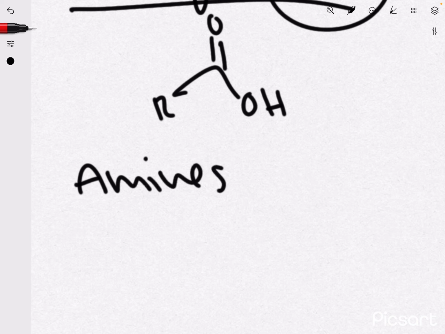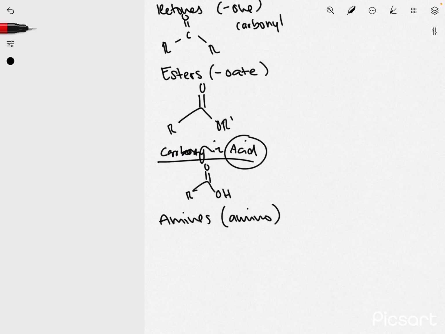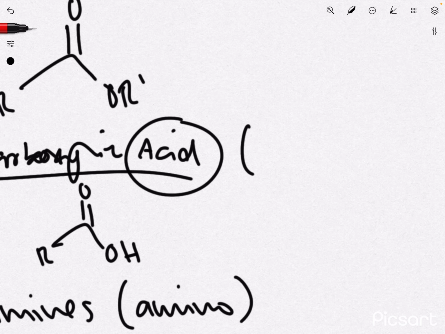Next up, we have our amines with a suffix of amino, just like amino acids. Did we mention? We did not mention carboxylic acids have a suffix of oic acid. So this would be like propanoic acid, for example.